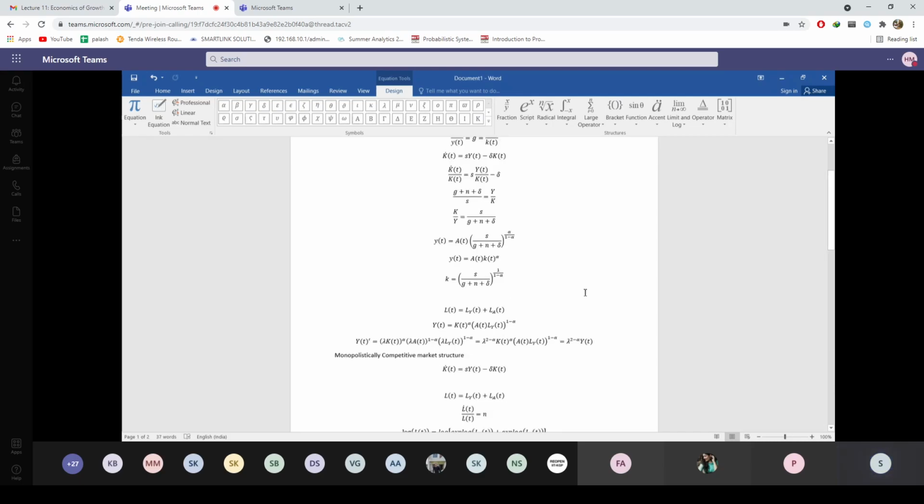Because if I pay W and R according to their marginal product, I am going to get a negative profit. That means I should not pay them according to their marginal product. And this monopolistically competitive market structure will come into the picture there.